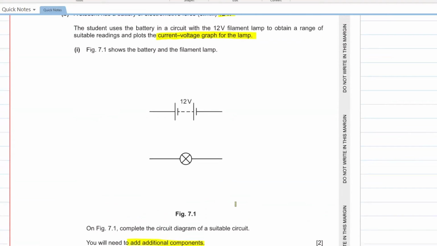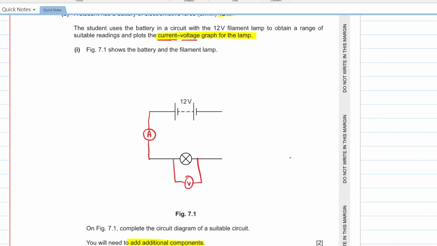Okay. So, beta, first of all, some things are pretty evident. You want to plot the current versus voltage graph for the lamp. So, if you want to measure current, you will need an ammeter. And if you want to measure the voltage, you will need a voltmeter. But there is still one component missing.